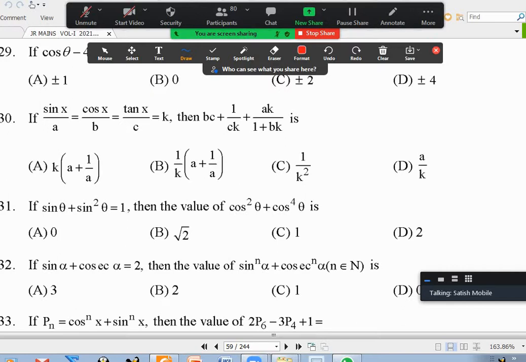I think BC will directly come as sin x by K square. That is 1 by AK maybe. Sin x by A equal to cos x by B is equal to tan x by C. The question is about BC plus 1 by CK plus AK by 1 plus BK. This is K.